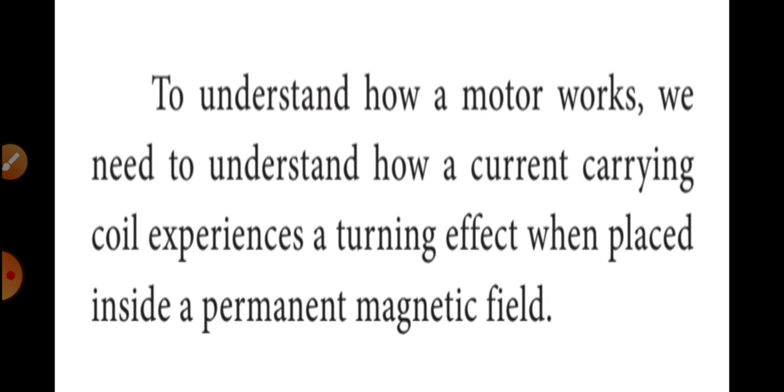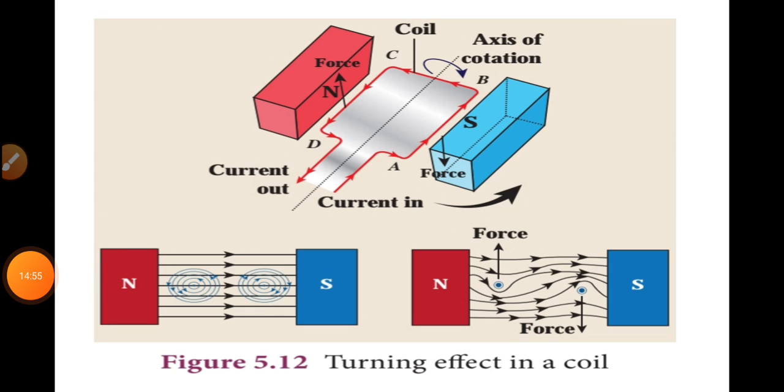Now to understand how a motor works, we need to understand how a current carrying conductor coil experiences a turning effect when placed inside a permanent magnetic field. In an electric motor, there is a turning effect in a coil. This is the experimental setup of the electric motor.